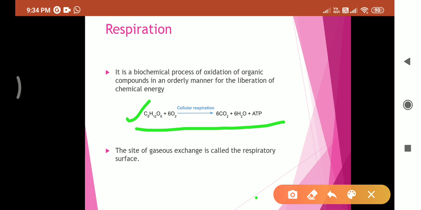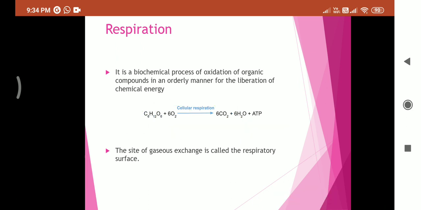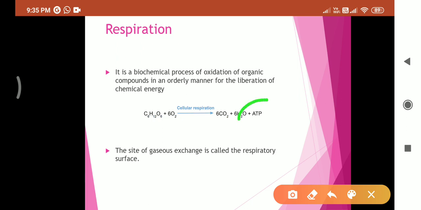In respiration, our cells utilize oxygen for the oxidation of this stored energy, stored in the form of glucose. What is the result? The formation of carbon dioxide, and the formation of H2O, water molecules, right?